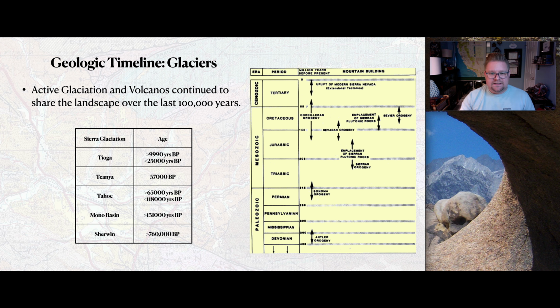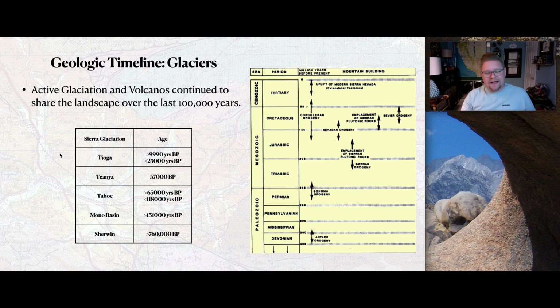So here we can see some things that we recognize from earlier. I talked about the Antler orogeny, the Sonoma orogeny. But looking at these different things, most of this is within the Sierra. We do see some advancements of glaciation as far south as the San Gabriel Mountains outside of Pasadena. But we can see that we had the Tioga, the Tenaya, the Tahoe 1 and 2, the Mono Basin, and the Sherwin.